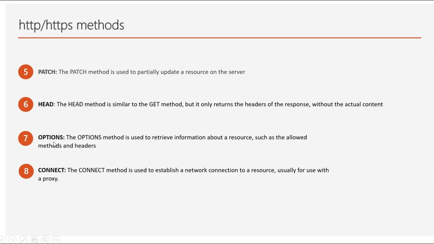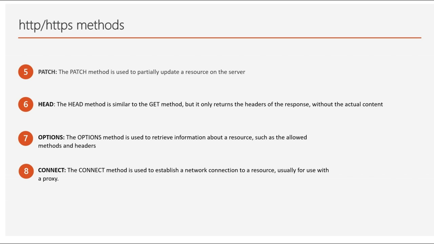Again, I'm going to the OPTIONS method now. What is the OPTIONS method here? The OPTIONS method is used to retrieve information about a resource, such as the allowed methods and headers. With this OPTIONS method, we can retrieve the methods and headers on the server. This is the response from the server.